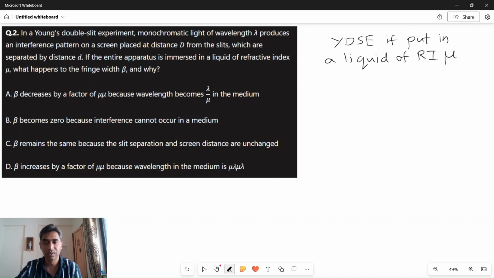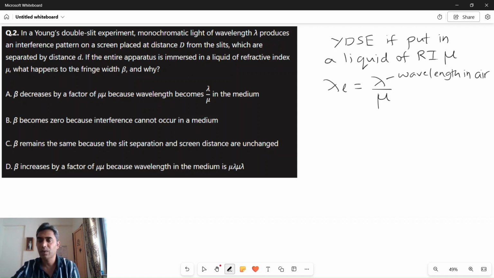Wavelength will decrease first. So wavelength in the liquid will be equal to lambda divided by mu. Okay, now what is lambda? Lambda is wavelength in air, and mu is the refractive index of the medium. Okay, so wavelength decreases.